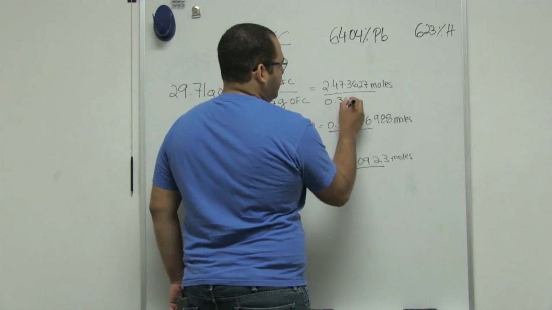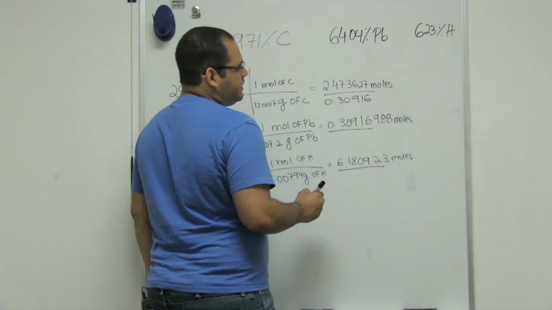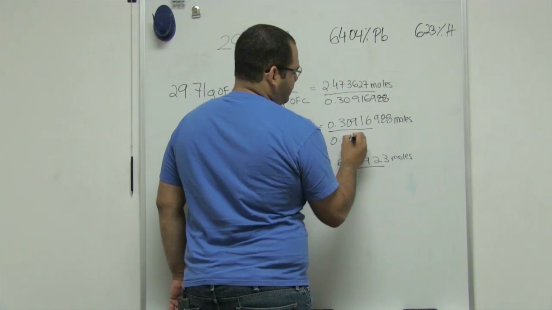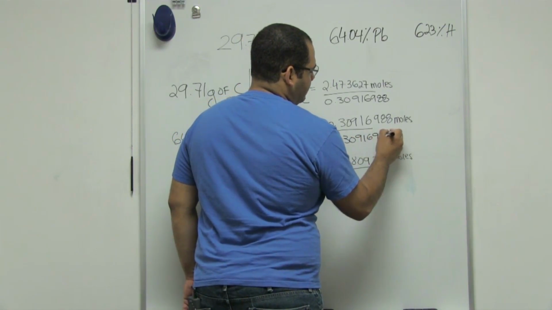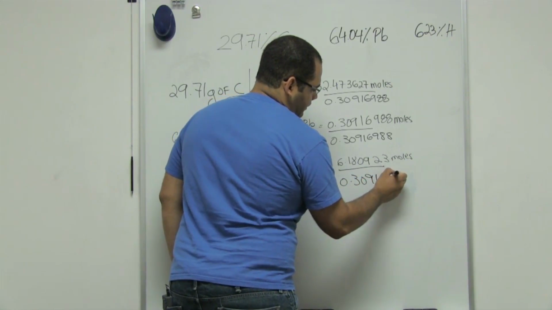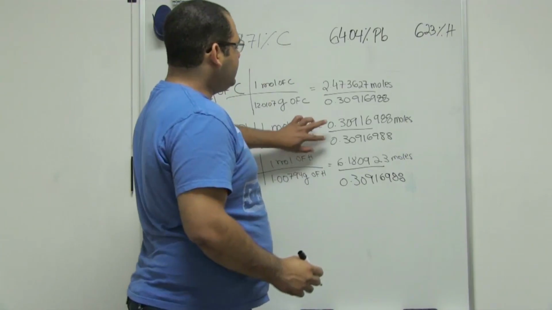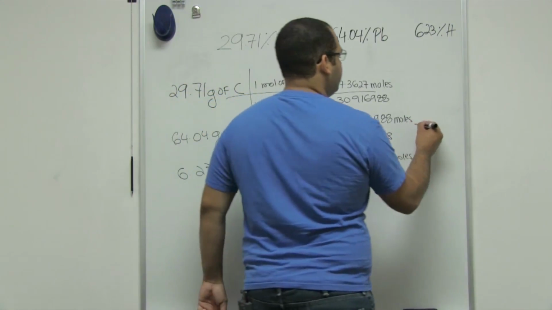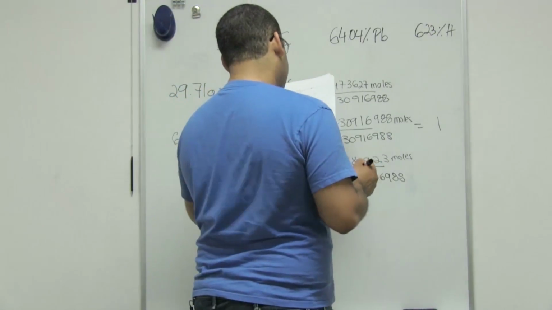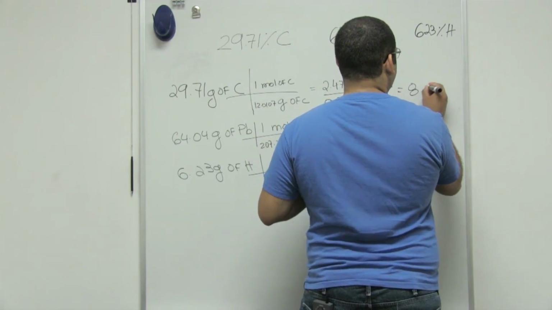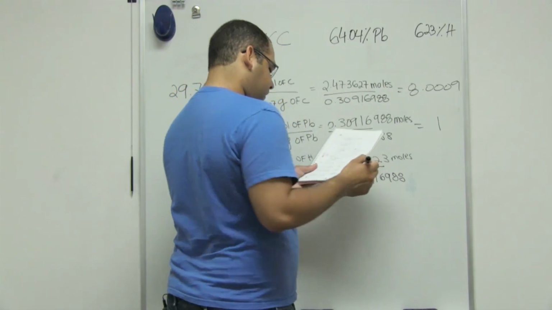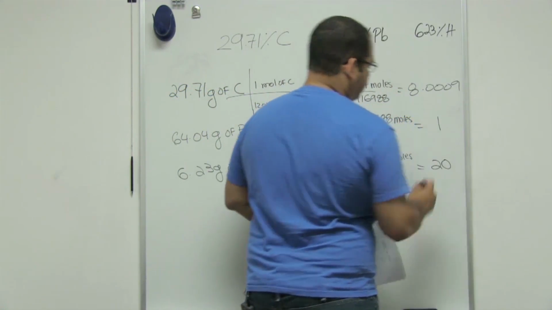So this is divided by 0.30916988, and this is divided by 0.30916988, and I know that this divided by this gives me a 1. 2.47 divided by 0.30 gives me 8.0009. And for hydrogen, I have 20.